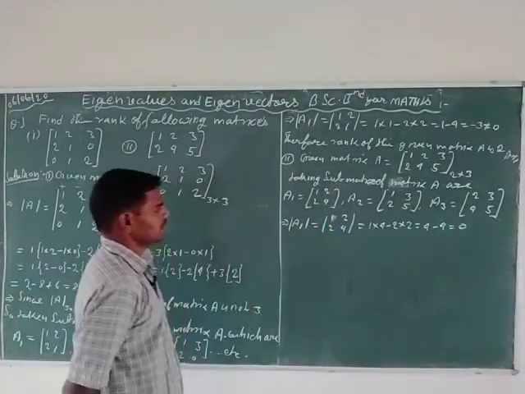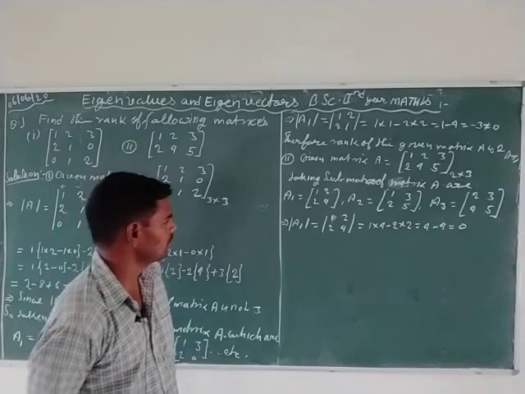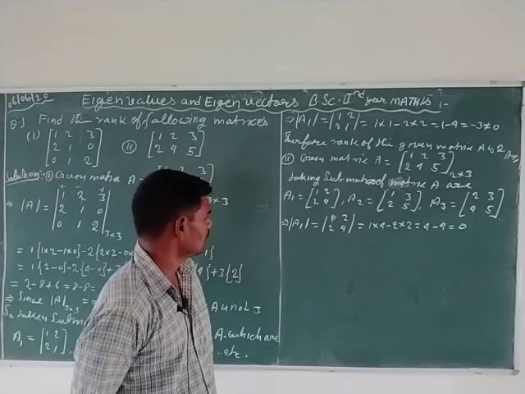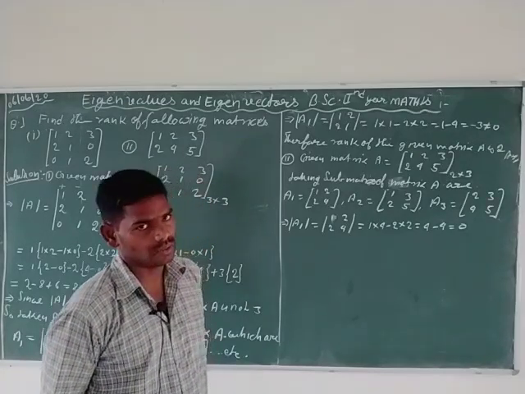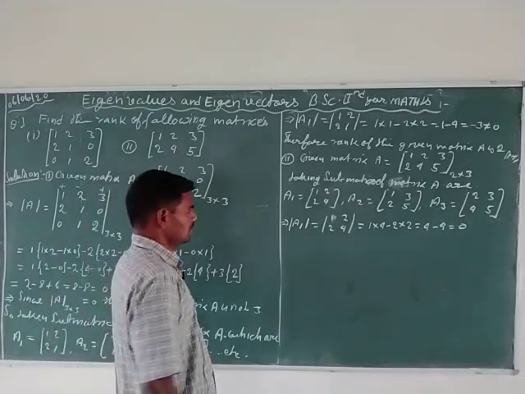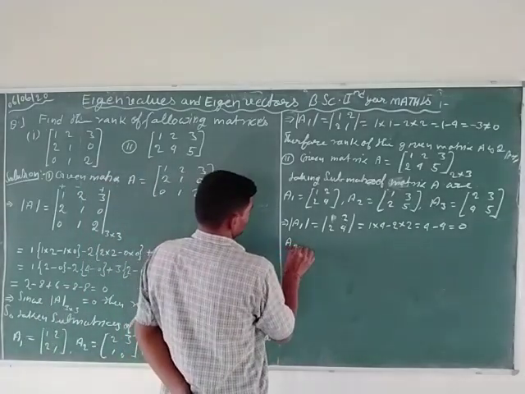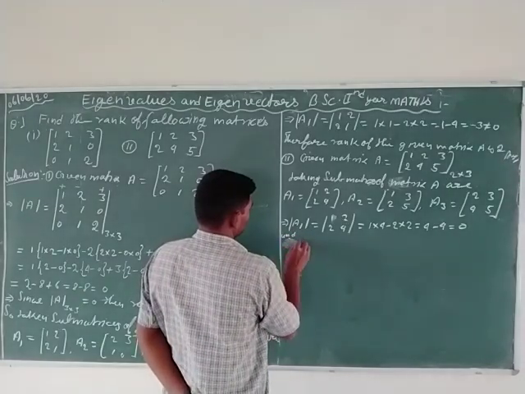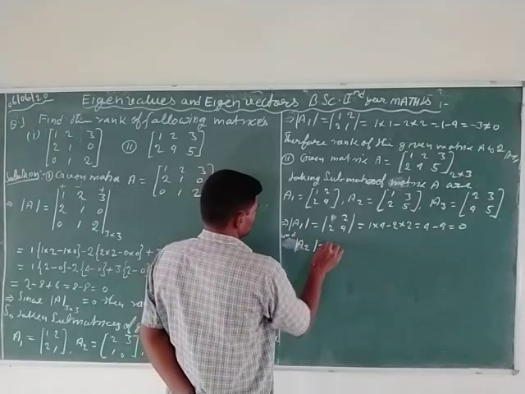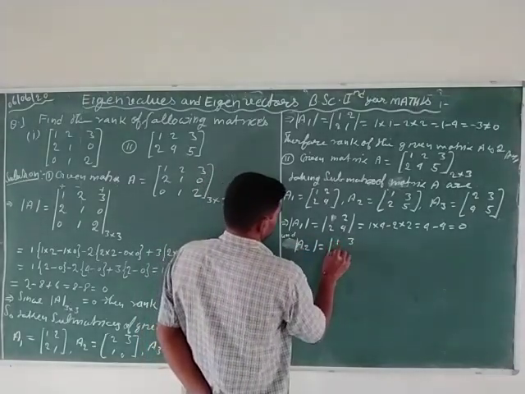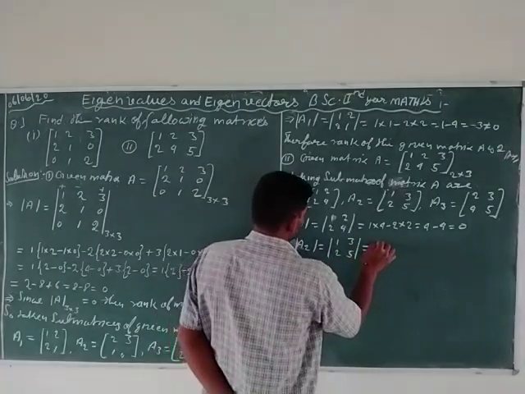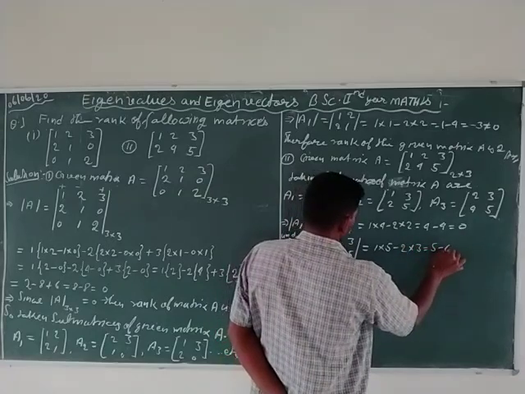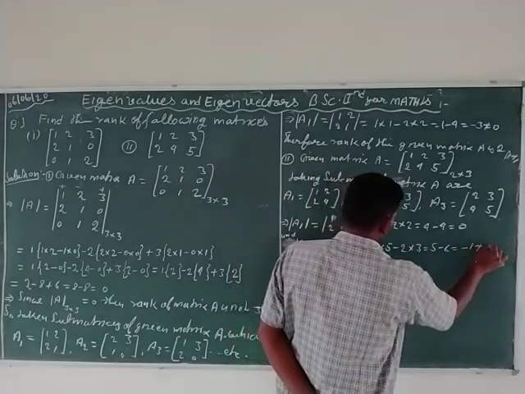Since the determinant of A1 is equal to 0, you cannot say that the rank of the given matrix capital A is 2 from this. Now consider the next submatrix A2, whose determinant is the mod of 1 3 and 2 5, equal to 1 into 5 minus 2 into 3, which is 5 minus 6, equal to minus 1, not equal to 0.